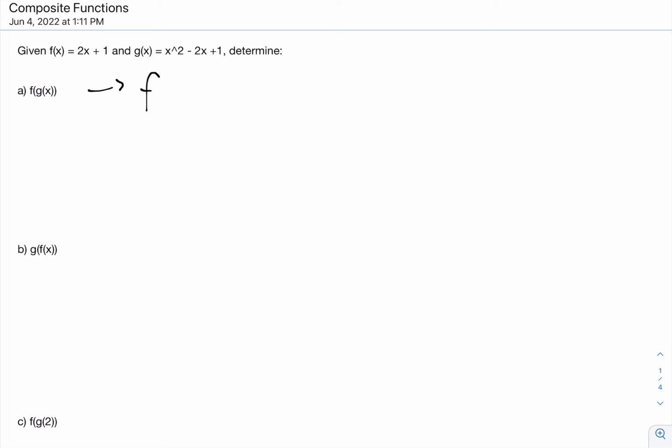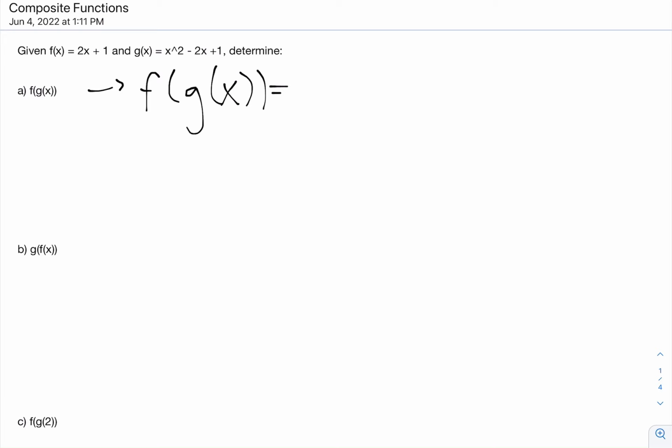So f of g of x, right, if f of x is 2x plus 1, and g of x is x squared minus 2x plus 1, everywhere we see x in the function f of x, we're going to replace it with g of x. Because we're not evaluating f of x, we're evaluating f of g of x. So g of x is going to replace the x that we saw before.